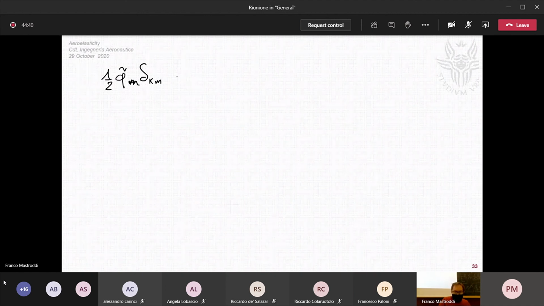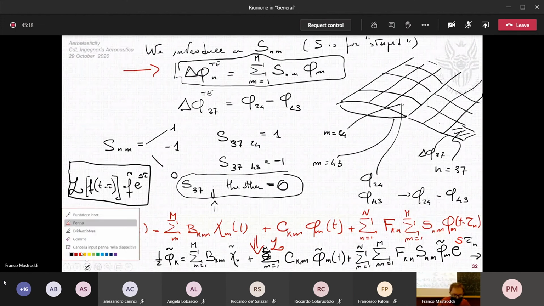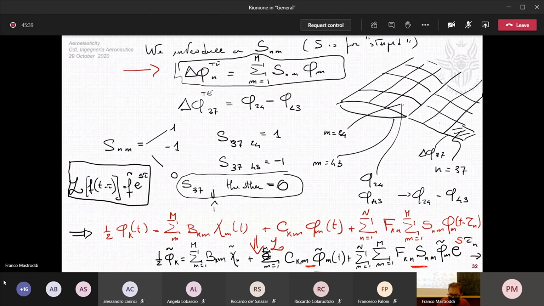And we have also minus c_km phi tilde_m, and minus the double summation of n from 1 to N and m from 1 to capital M, f_kn, the matrix S, and I am moving this term and this term here to the left-hand side.